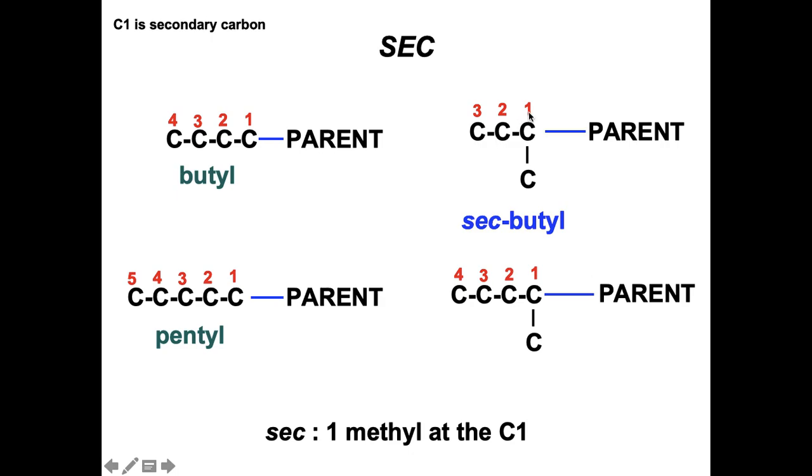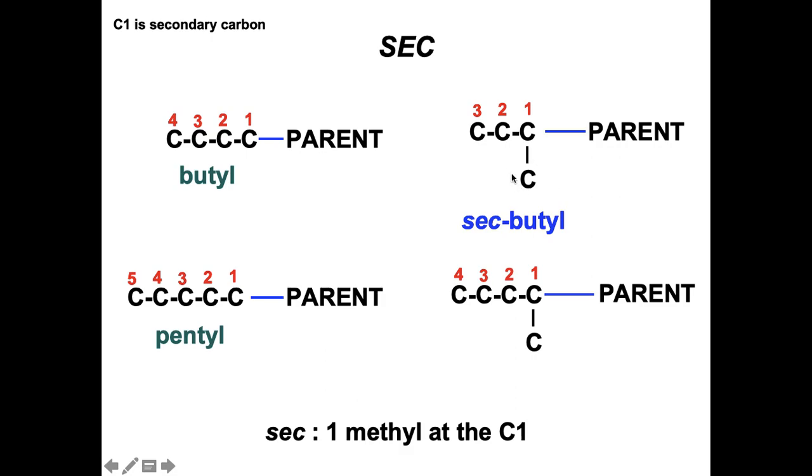Now, sec, another way to understand sec is 1 methyl at carbon number 1. So here, carbon number 1 branch, not the carbon number 1 parent, carbon number 1 branch. Remember that. Carbon number 1 branch, carbon number 2, carbon number 3.